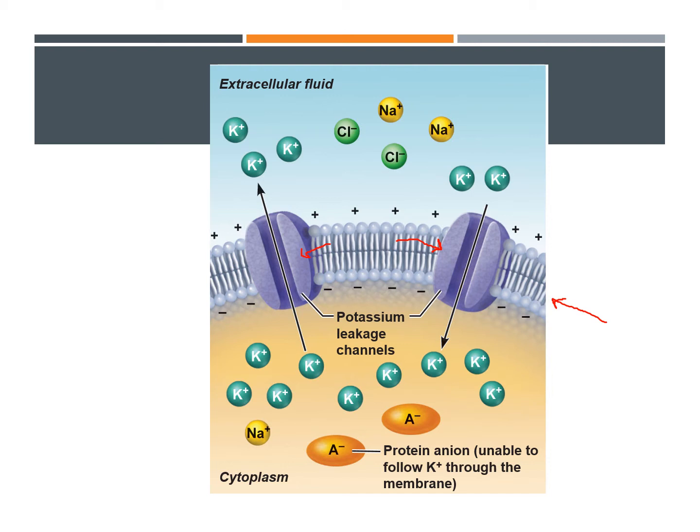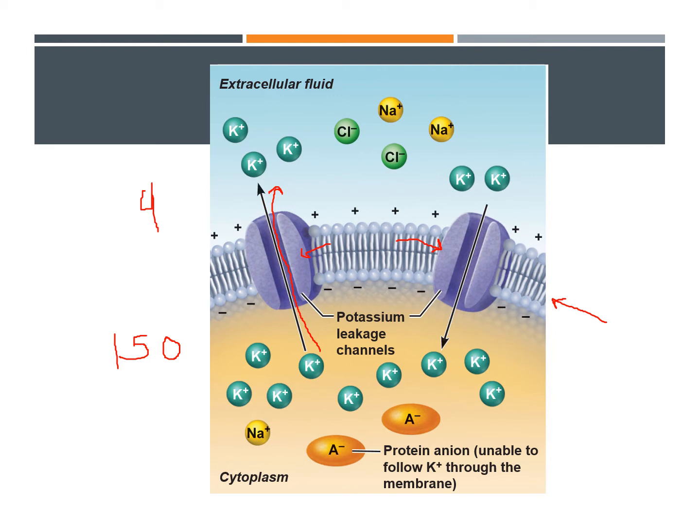So that means based upon concentration, potassium ions have a tendency to move out of the cell and go into the extracellular fluid because there's a lot more potassium inside on this side of the membrane versus on this side of the membrane.